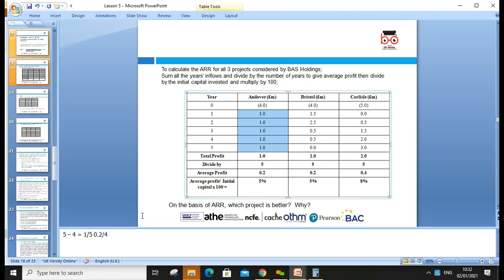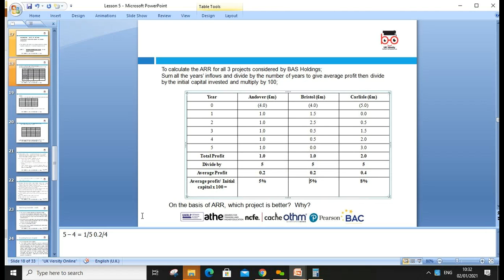So in 5 years we got, if you add it, 5 million, and you invested 4 million. So profit is 1 million. 1 million divided by 5, we get 0.2 million. 0.2 divided by 4 times 100. So we are getting an average 5% return.